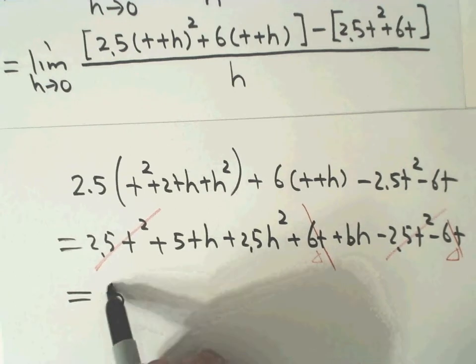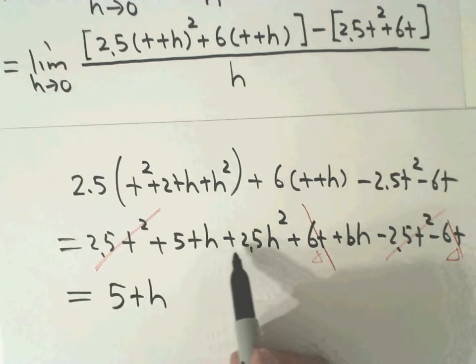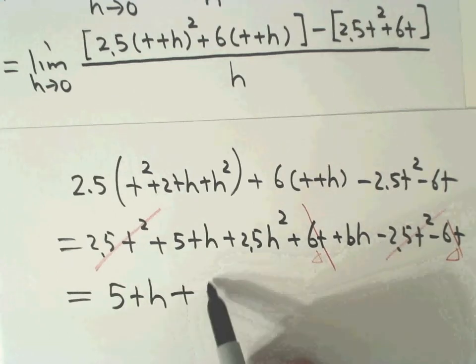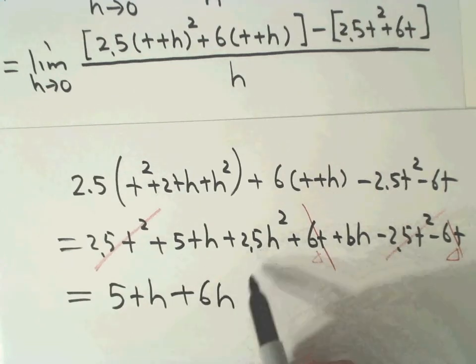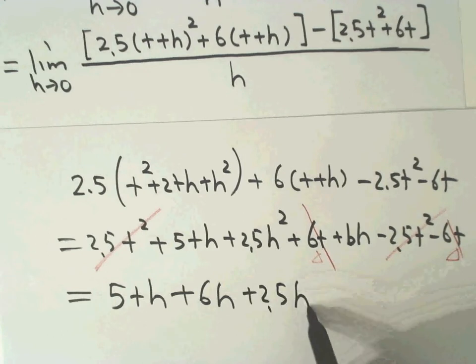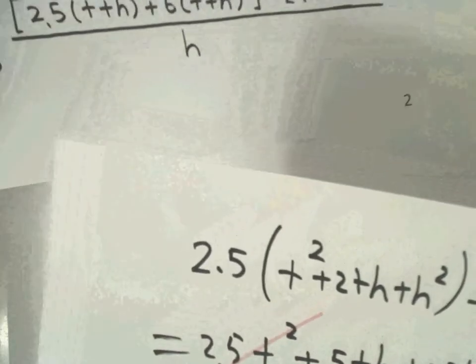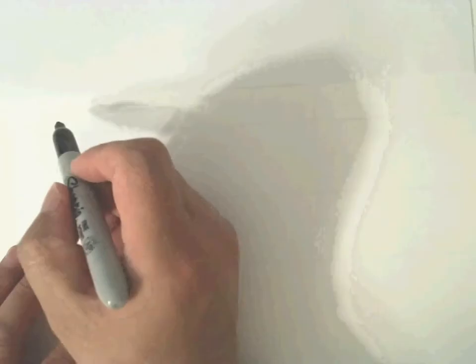Let me see what we get. We are left with 5th plus 6h plus 2.5h squared. This is the numerator. So what do we get now?